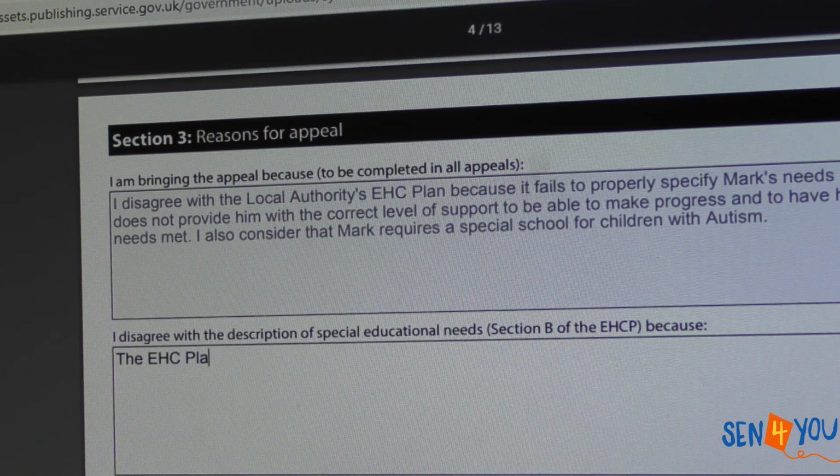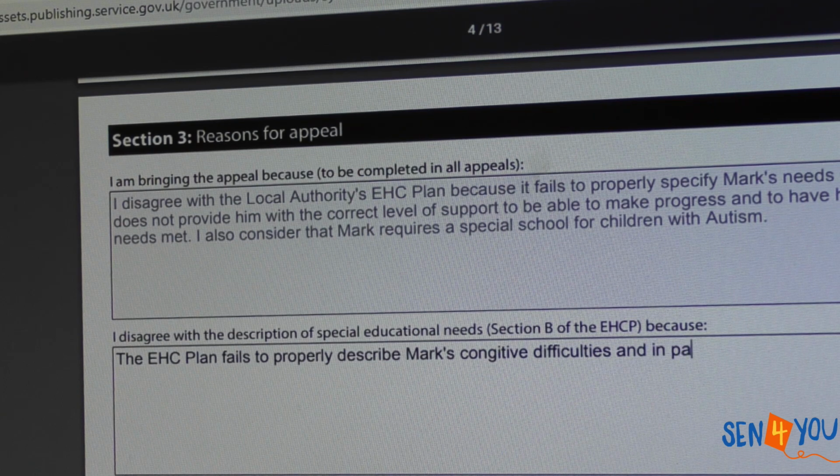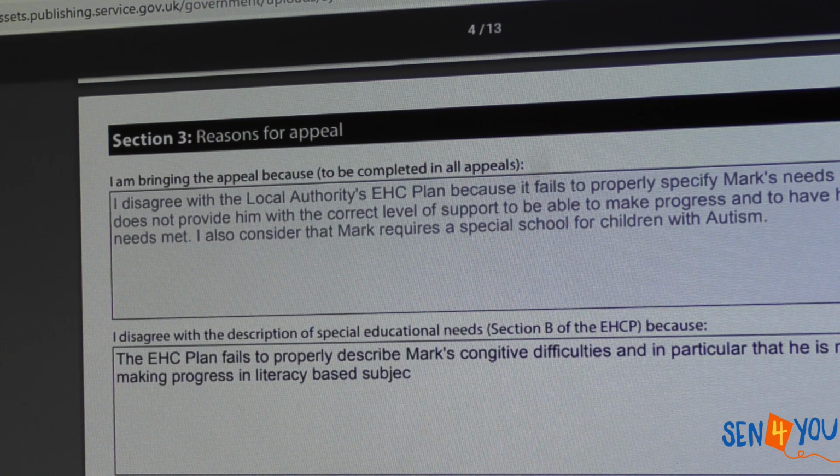The EHC plan fails to properly describe Mark's cognitive difficulties, and in particular that he is not making progress in literacy-based subjects. So that might be a legitimate concern.